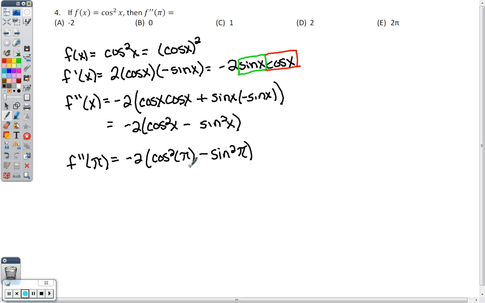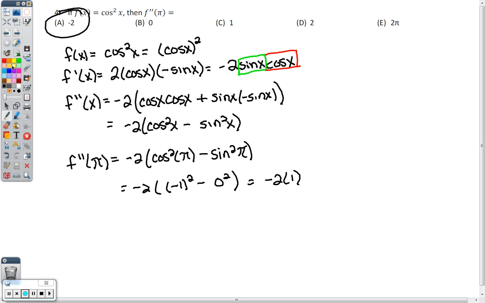Cosine of pi is going to be negative 1, and then that gets squared, minus sine of pi is 0, and that gets squared. Negative 1 squared is 1, minus 0 is still 1. So negative 2 times 1 is negative 2, better known as A.